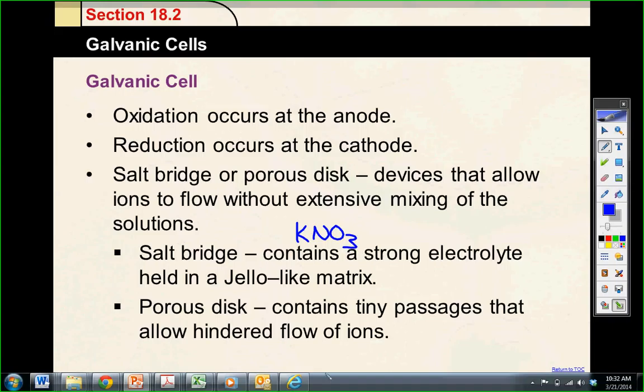Potassium nitrate, KNO3, that's a good one, used most of the time. Then we have a porous disc that contains tiny passages that hinder the flow of ions, so they're not all just moving and mixing the whole time.